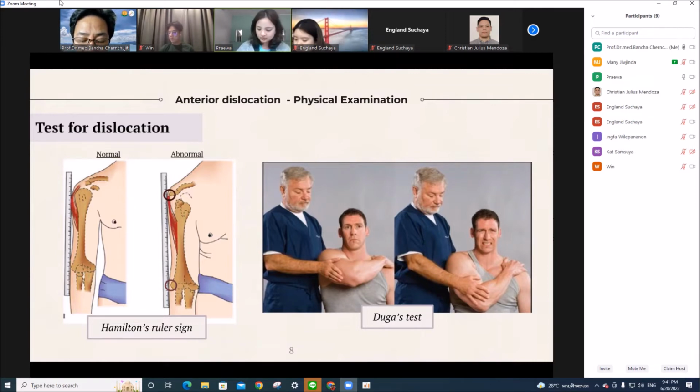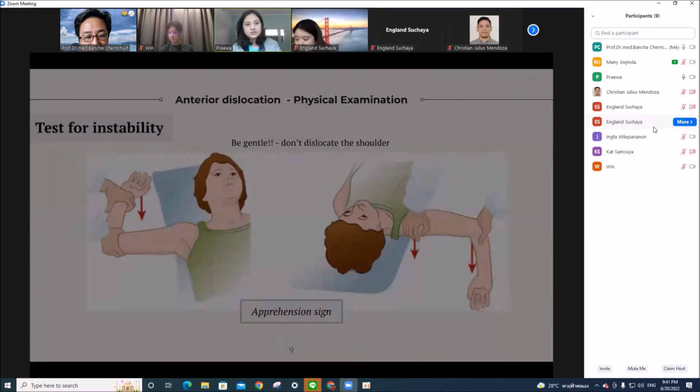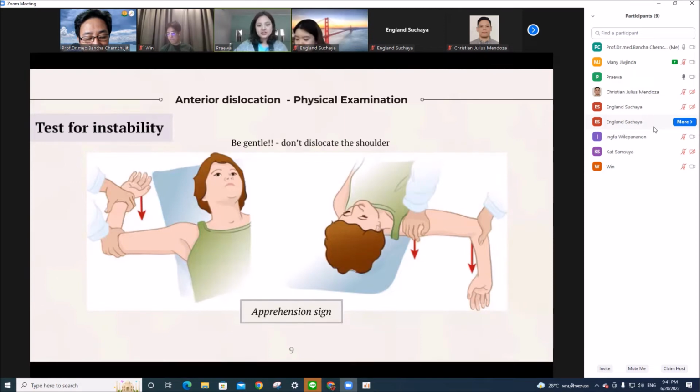But for the anterior dislocation, the arm will be in abduction and external rotation, right? So the arm cannot touch the opposite side because you need adduction and internal rotation. So the Dugas sign is specific only to anterior dislocation.